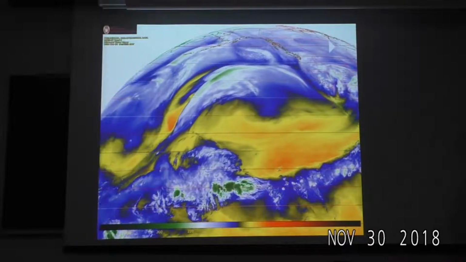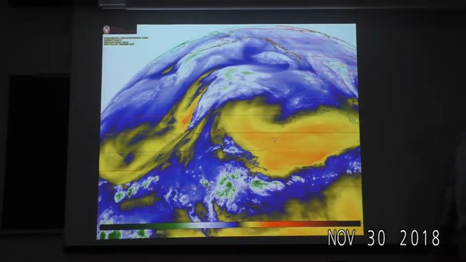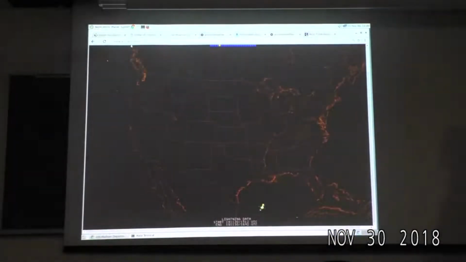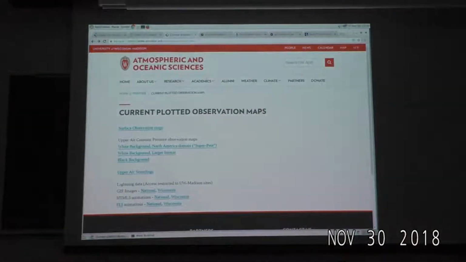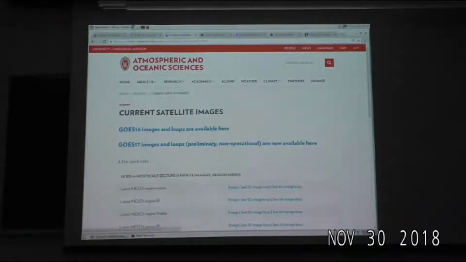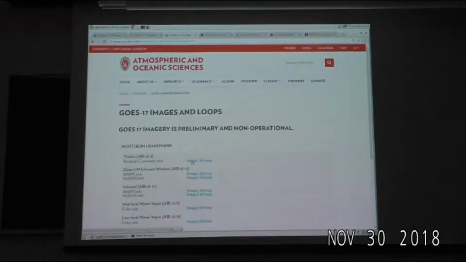Is that surface convection? We can look at the surface map at this point, right? Surface imagery. Probably surface or mid-level, mid-troposphere convection, I would imagine. That's what I was thinking.